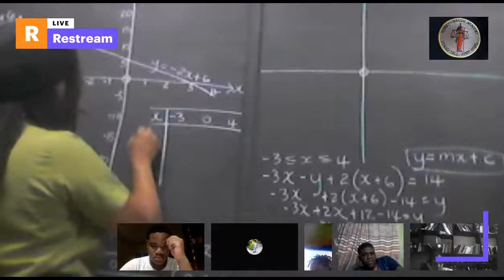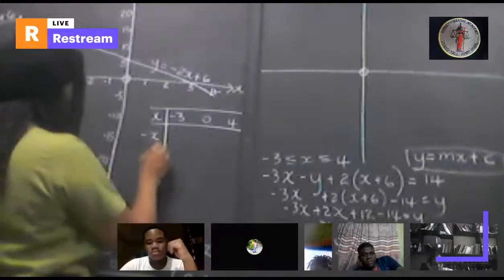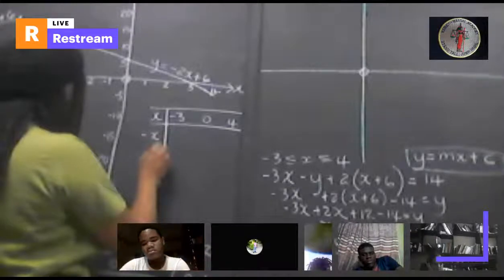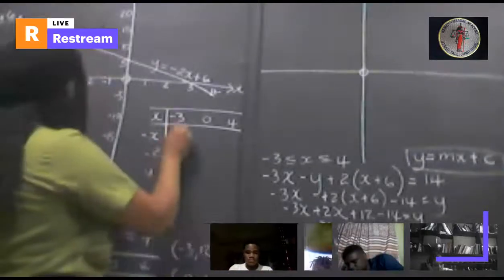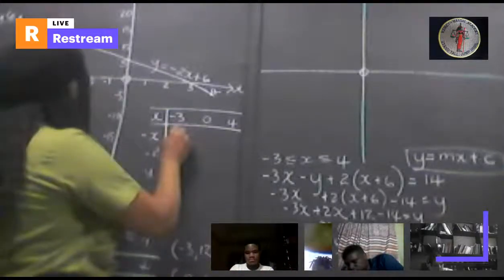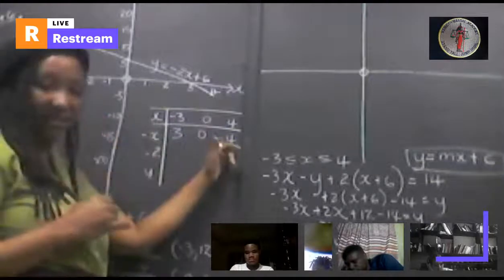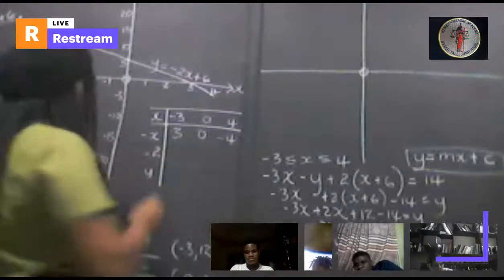If these are our x values and they are negative, we just change the sign. So this would be 3 and that would be negative 4. That's negative x. And now we're subtracting 2.